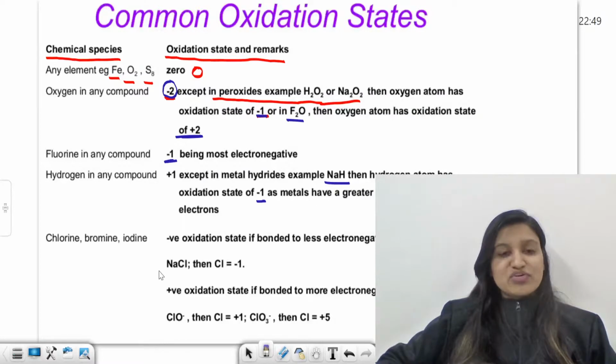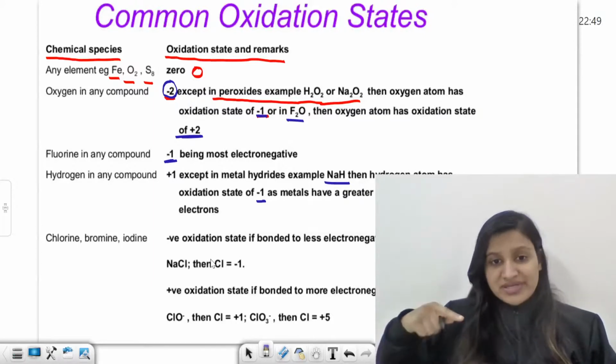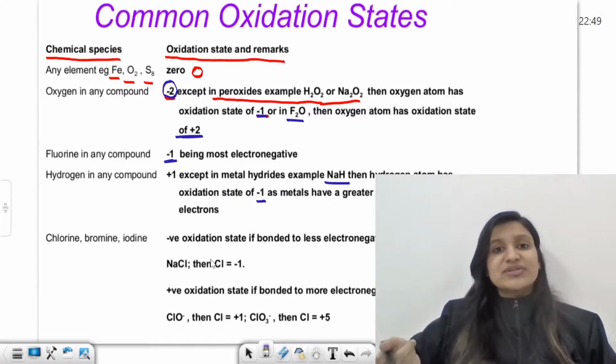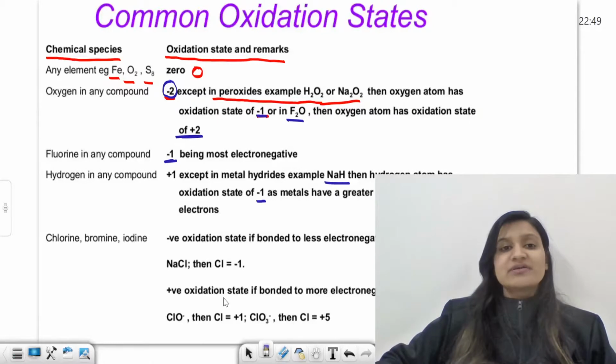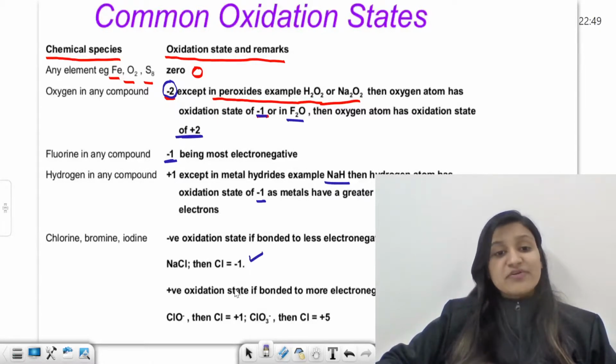Now chlorine, bromine, iodine, that is, all our halogens. If halogens are bonded to a less electronegative element, then their oxidation number will be -1. It will be a positive oxidation state if bonded to a more electronegative element. For example, if it is ClO negative, then the oxidation state of chlorine will be +1.